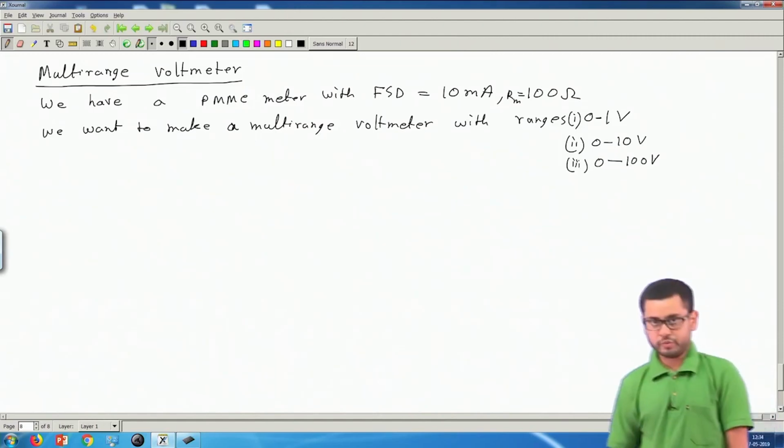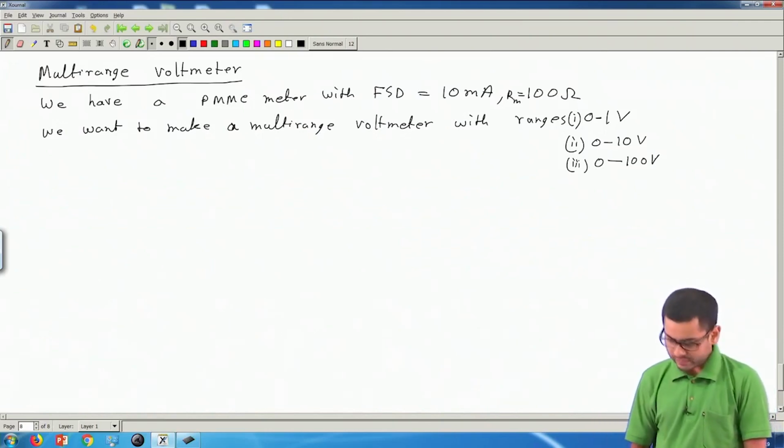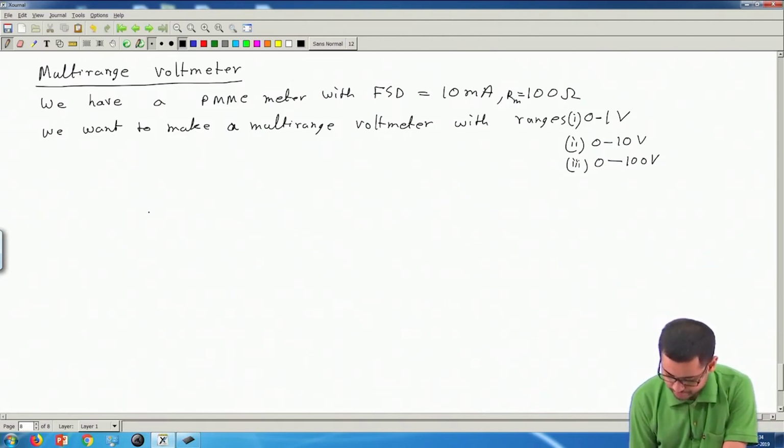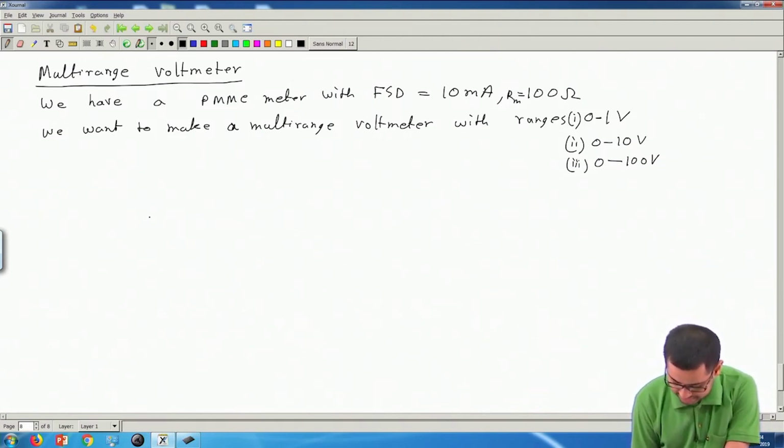So this is what we want to make. How can we do that? Basically we need 3 different values of the multiplier or series resistance.